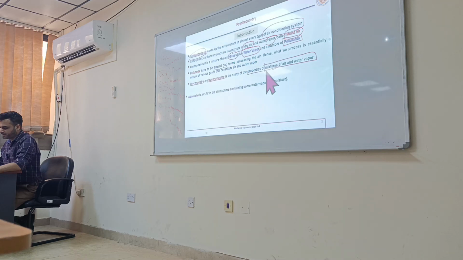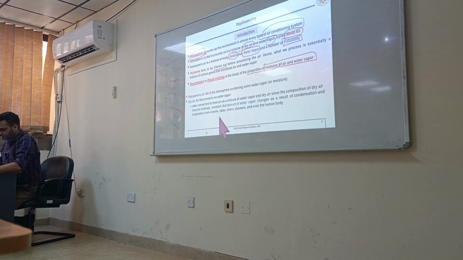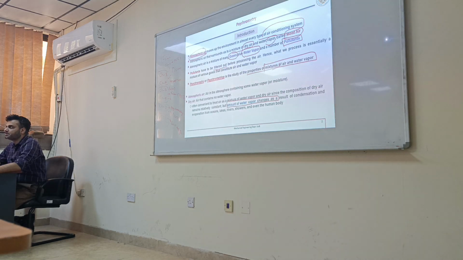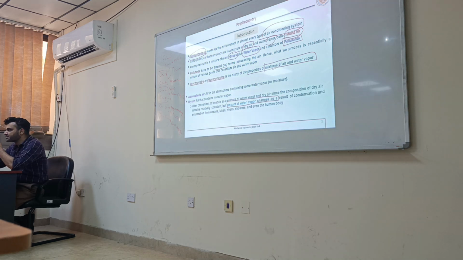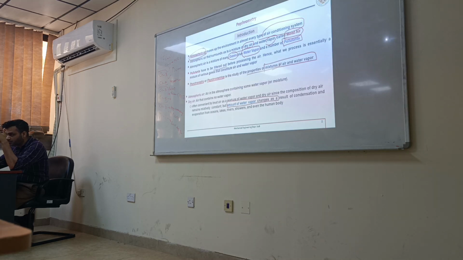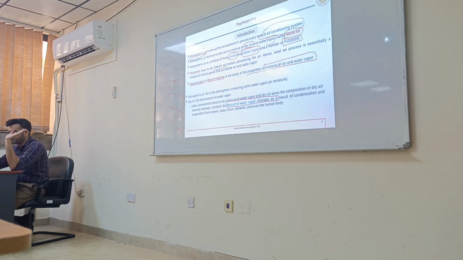That is called psychrometry. Okay, so that is clear, because the amount of water vapor changes in that air, right? Because continuously there is evaporation or condensation going on. At some places inside this air conditioner, wherever cold air is coming in contact with a cold surface, some of the moisture is condensed out.